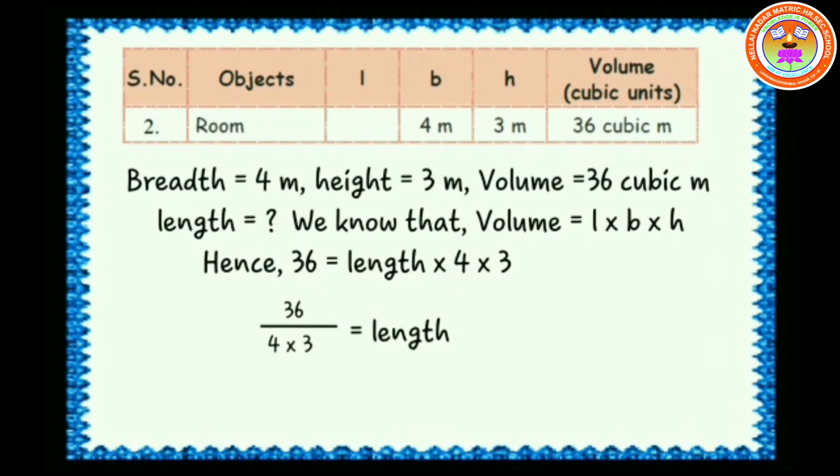Now cancel 4 in 4 table 1 time. Then cancel 36 in 4 table 9 times. Now cancel 3 in 3 table 1 time. Then cancel 9 in 3 table 3 times. So the answer is 3. Length is 3 meter.